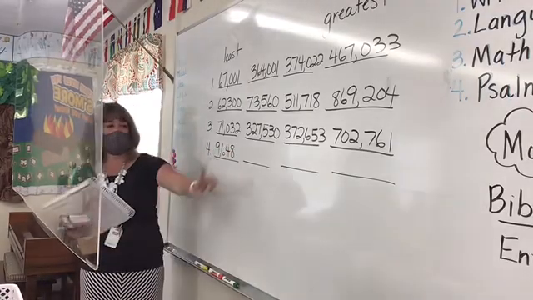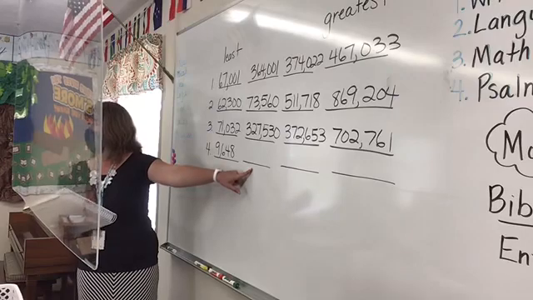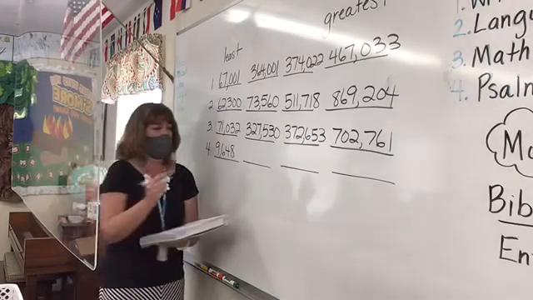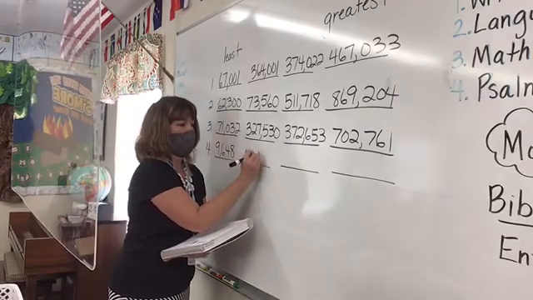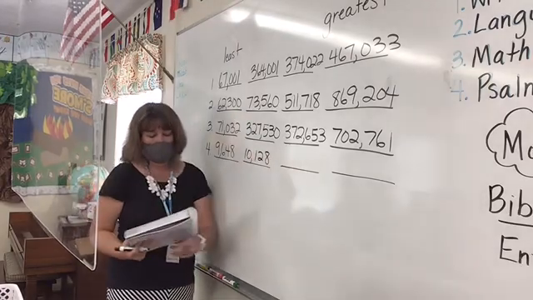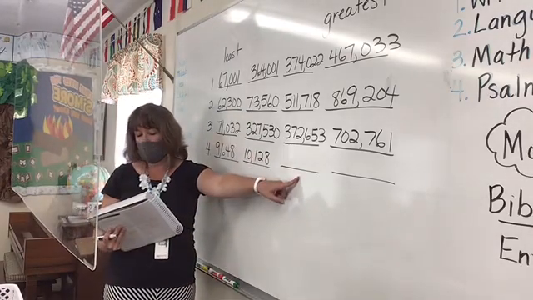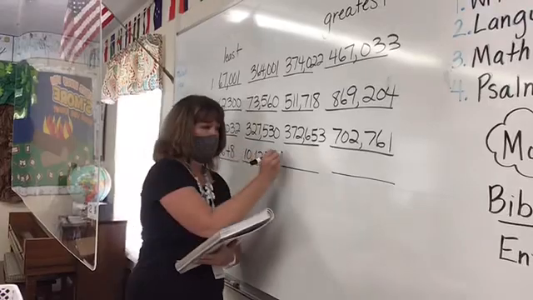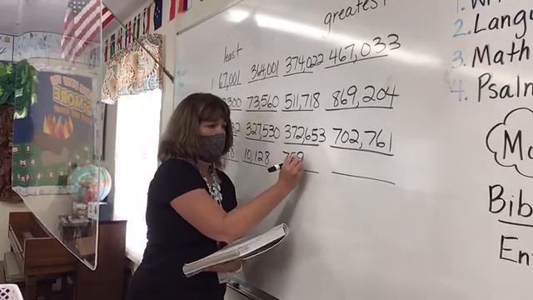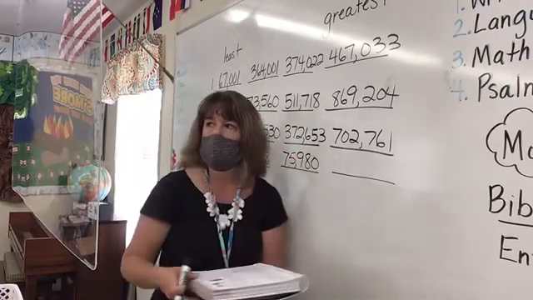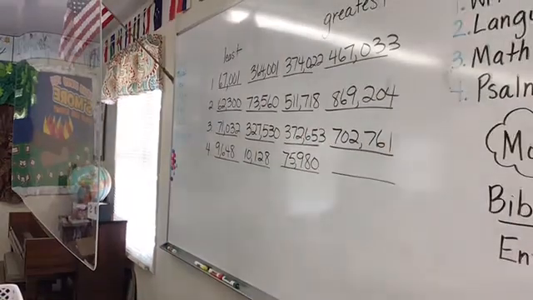Okay, on the count of 3, tell me the next biggest. 1, 2, 3. 10,128. Very good. And then what's the next biggest? 75,988.